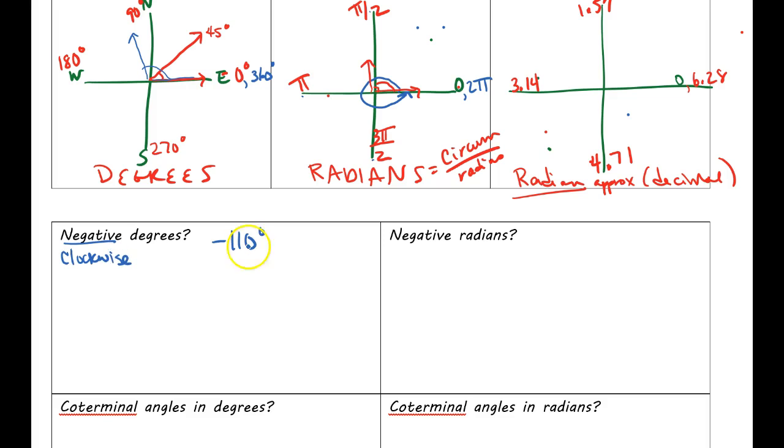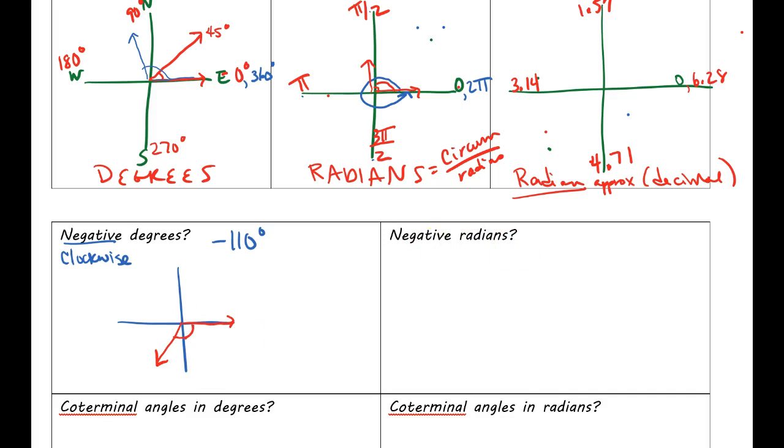So instead of going up like we were here, you would need to measure a distance of 110 degrees, but in this opposite direction. You still start in the east. We always start in the east, but now we'll go down 110. So that would be 90, negative 90. So maybe like right there. That would be negative 110. And that's all that that means, okay? So negative makes you go the other way.